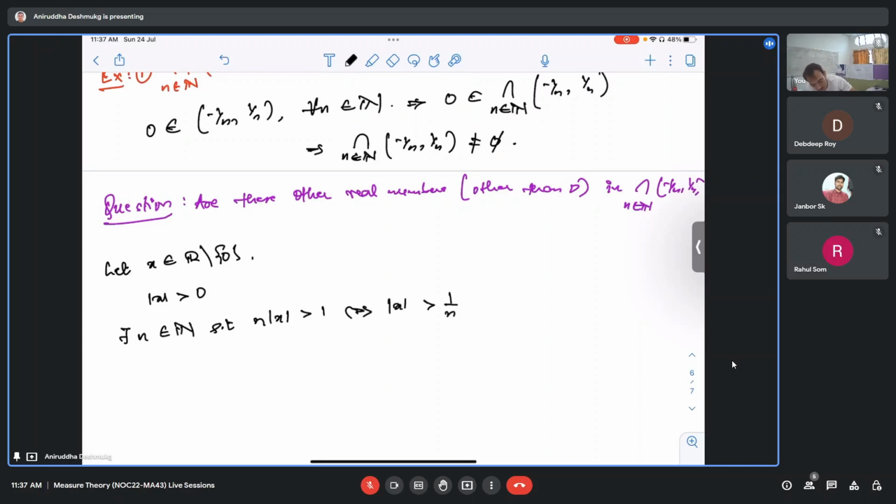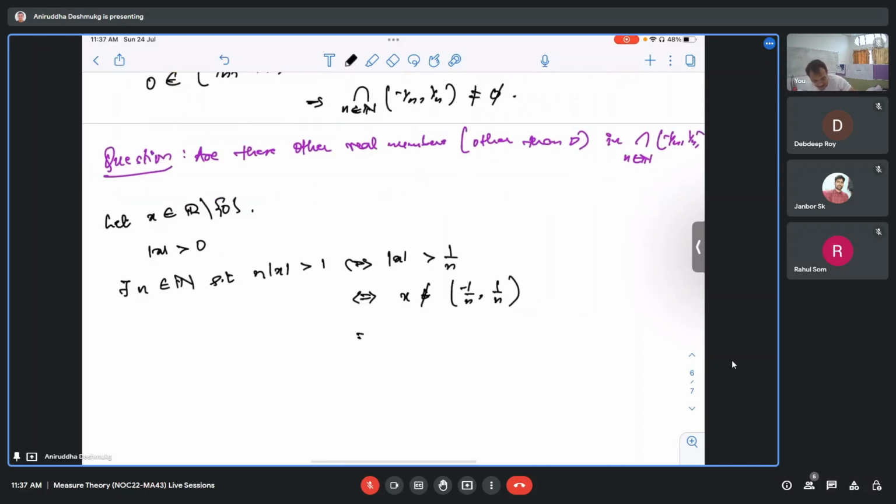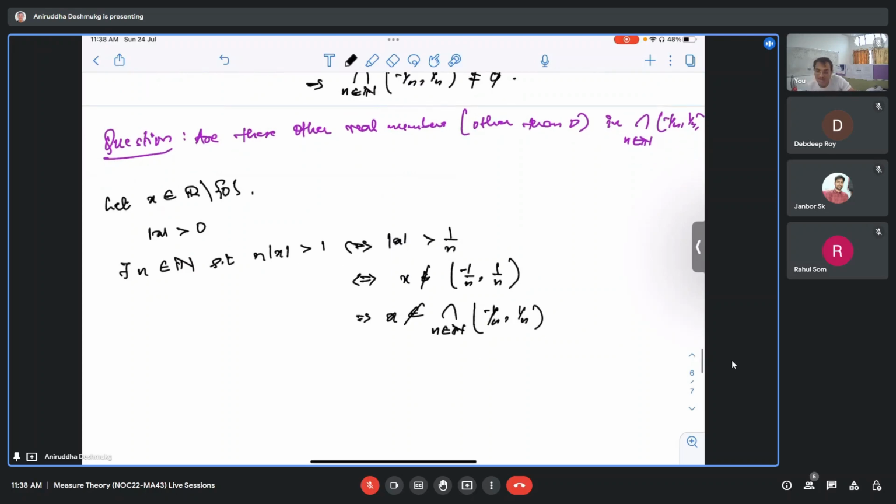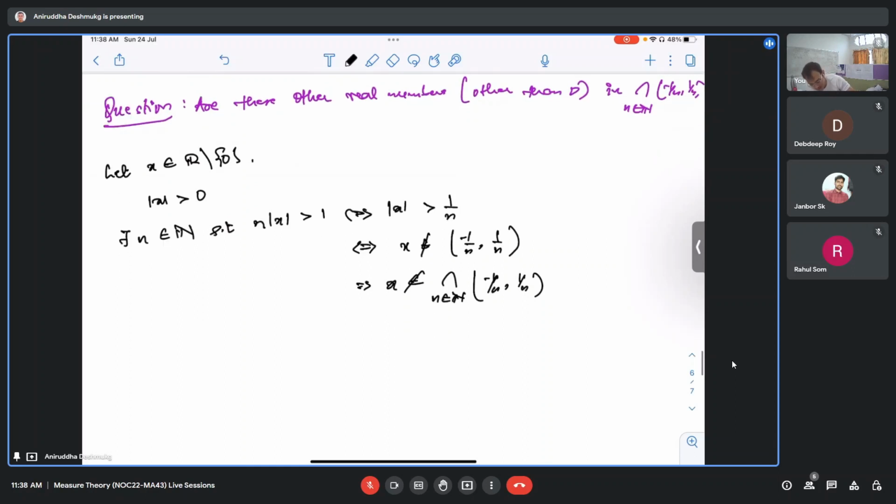And if this is true, then this is the same as saying x is not in minus 1 by n to plus 1 by n. Therefore, it is not in the intersection. That means you take any real number other than 0, and it is not going to be in the intersection. And hence this intersection is just a singleton set.